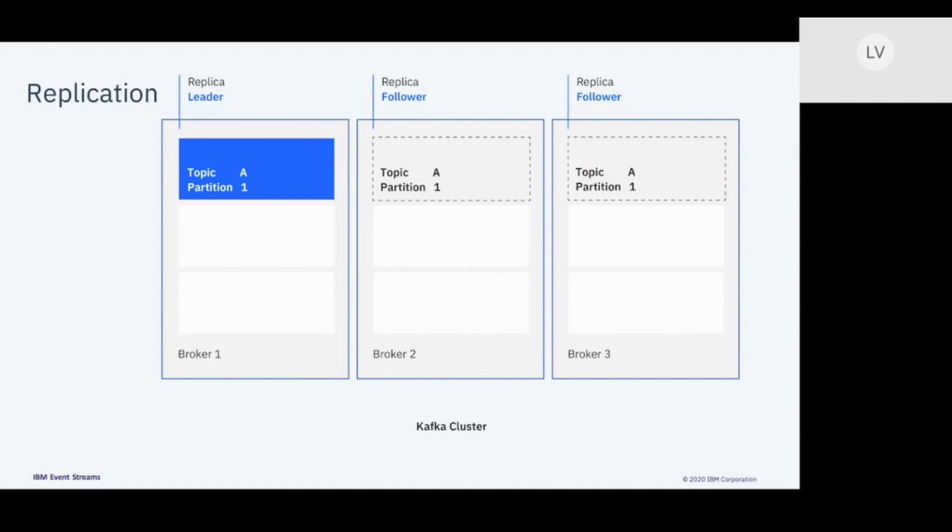The leader will be the access point for any Kafka client to push data, to publish data, and subscribe to data. That's, I would say, a usual situation. And if you multiply this by the number of partitions, you should have something like this.